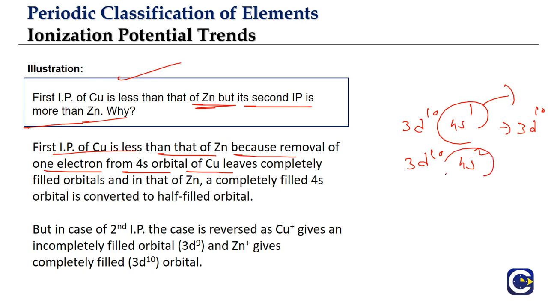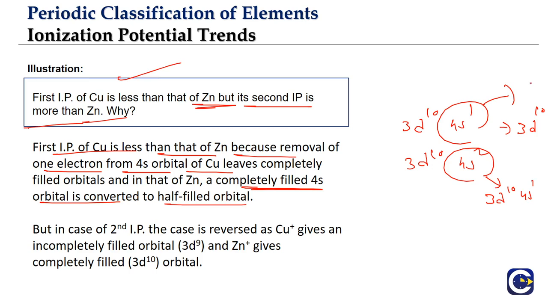Whereas in case of zinc, we have to remove the electron from 4s2, already a fully filled 4s level. We remove it, and we will go to 3d10 4s1. We are moving from stable to unstable. The removal of that 4s electron moves it away from the stable arrangement. Completely filled is becoming 4s1, so that is unstable.